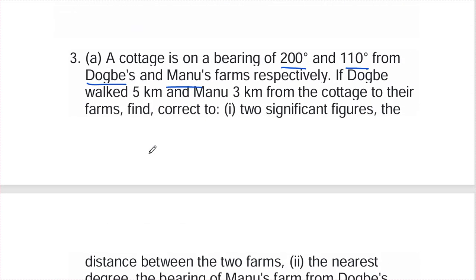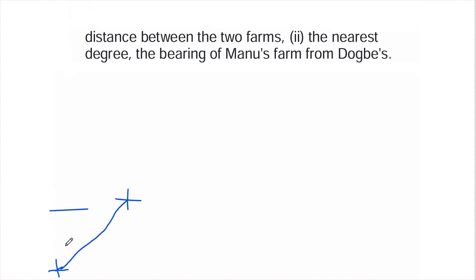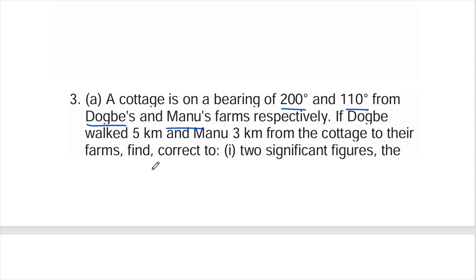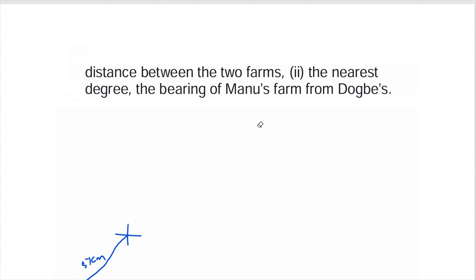Okay, first of all, the bearing of the cottage from this and this. So let me start with Dogbe. Dogbe's bearing is 200. 200 is between 180 and 270, so it's going to be something like this.